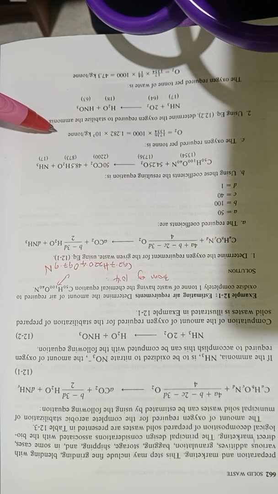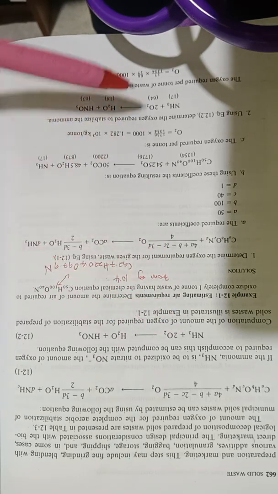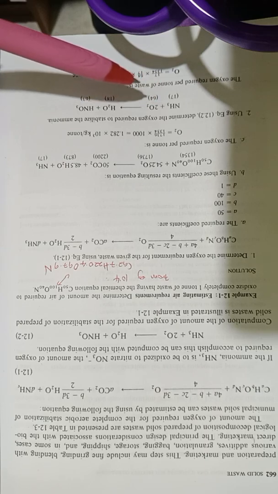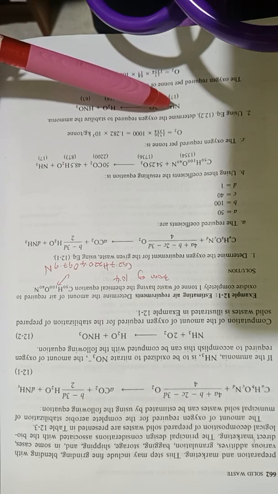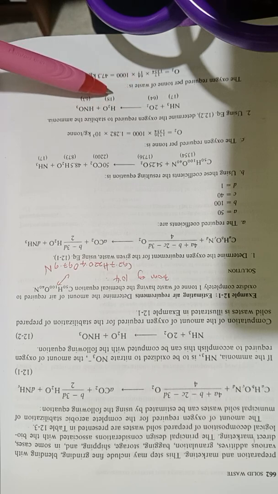Then next, you want to calculate how much oxygen is needed to oxidize the ammonia. From this equation you see the total molecular weights for ammonia, oxygen, water, and also nitric acid.